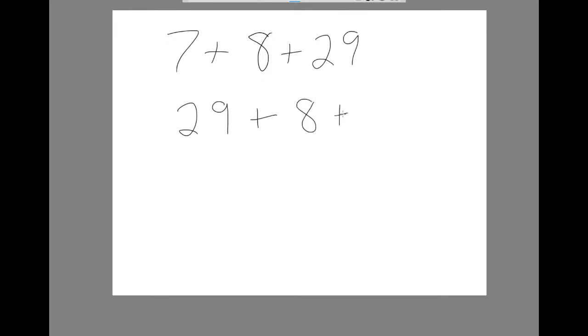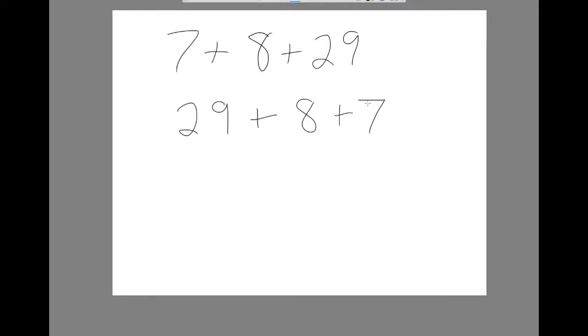And I'll show you something that will use both properties. If I have something like this, 7 plus 8 plus 29, and I'm going to use my associative and commutative properties, I could rewrite this as 29 plus 8 plus 7. Well, in this case, I've moved the 29 and I've moved the 7.